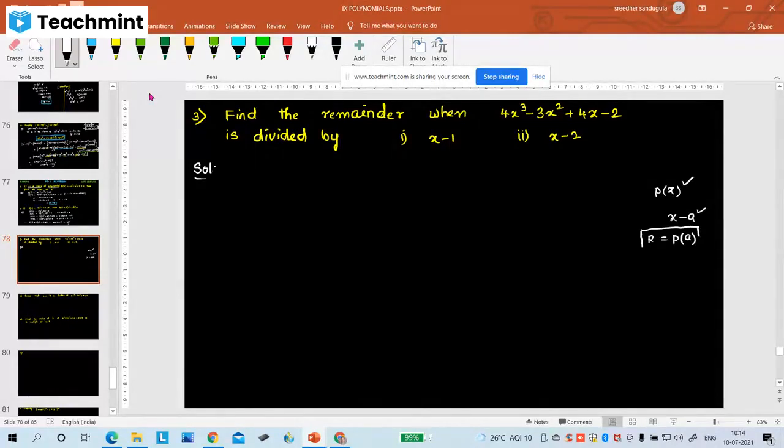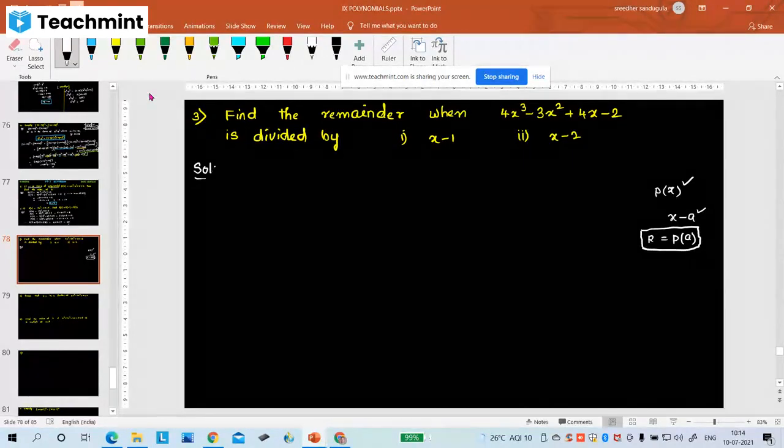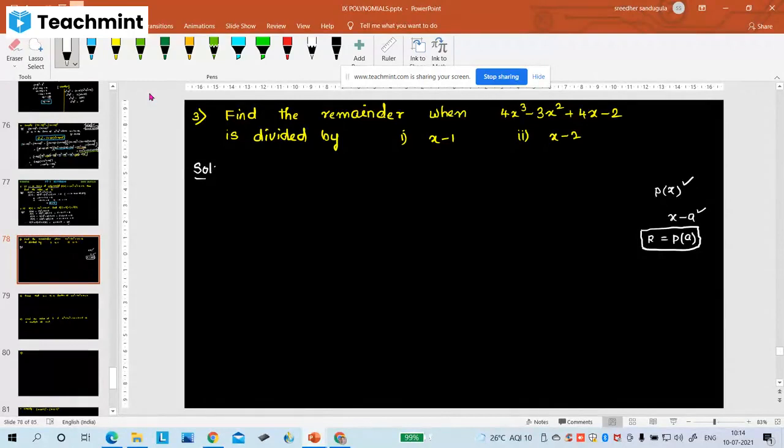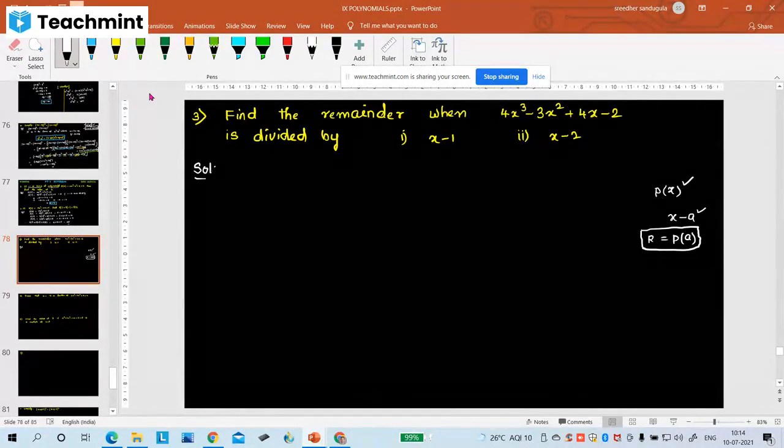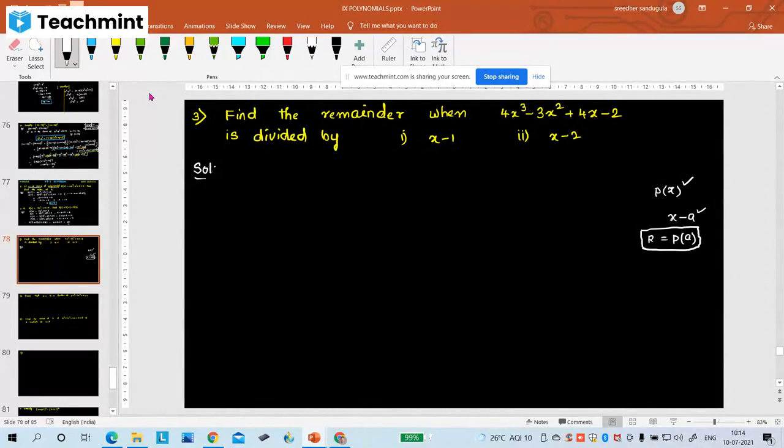What is a here? A is nothing but the zero of the polynomial x minus a. So here also, what is the zero of the polynomial x minus 1, children? 1. Very good, 1. That means here in the place of a, we have to take 1. Now first you take this as p of x.